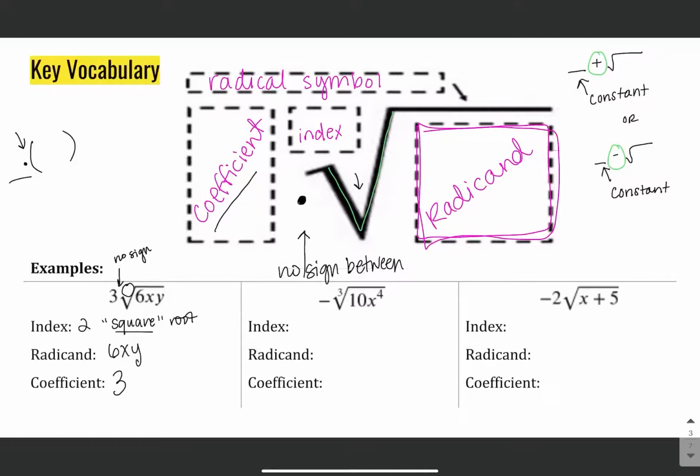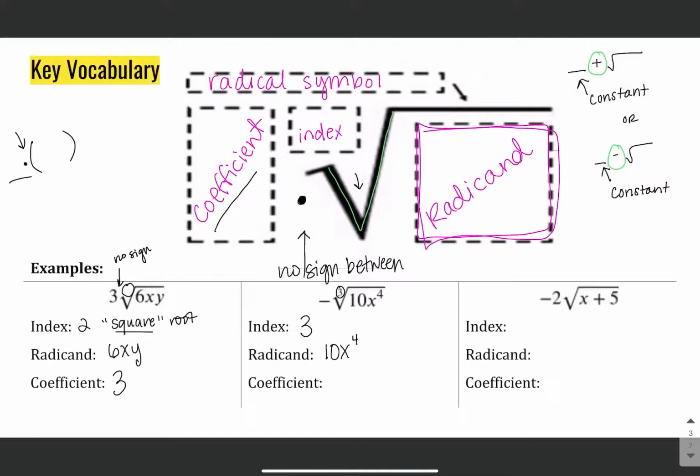All right, let's look at another one. Now notice with this one, there's a little 3 inside the armpit of that radical symbol. So remember the little number written there is called the index. So our index is 3 because that little number is written in the little armpit of the radical symbol. Our radicand is whatever's written on the inside, so that's going to be 10x to the 4th.